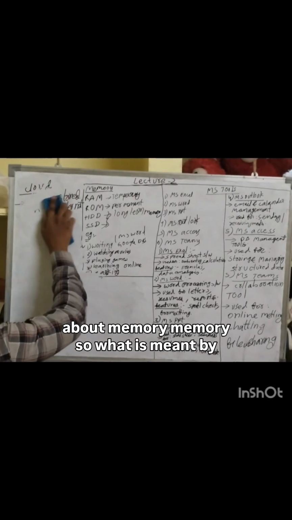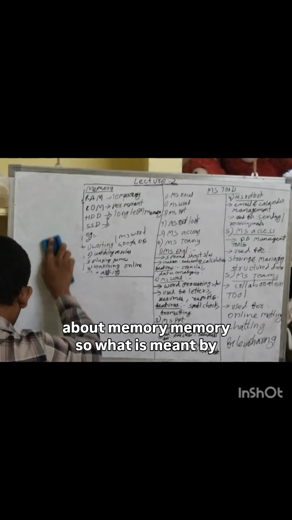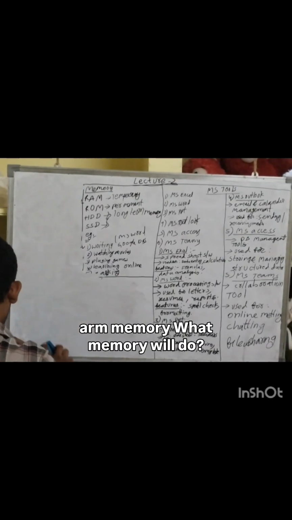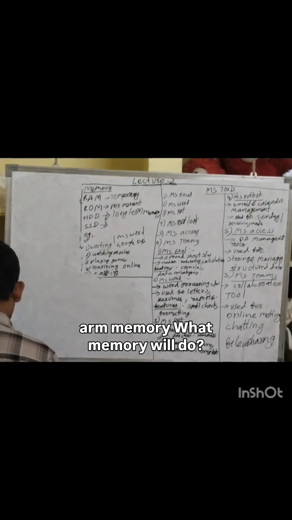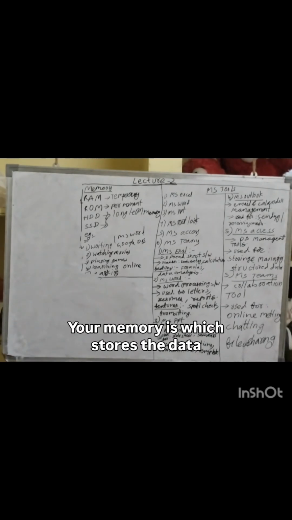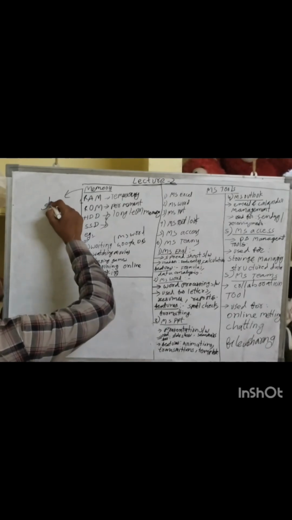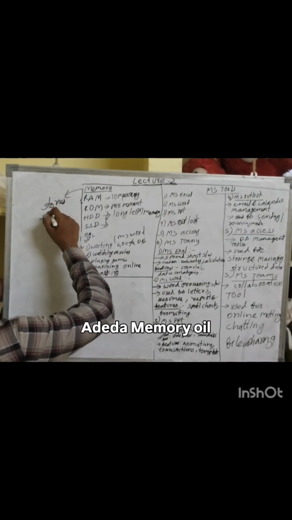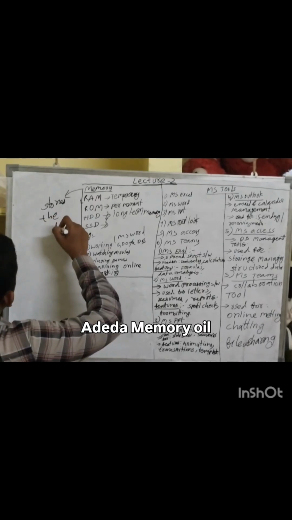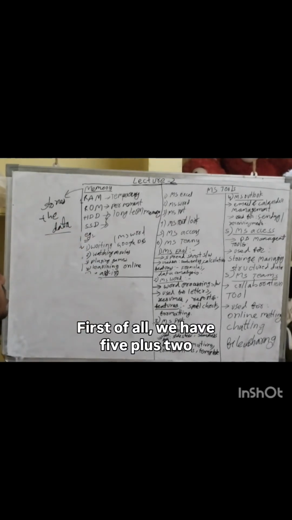The next one is about memory. What is meant by memory? What does a memory do? Memory is what stores the data. We can say storage also is a memory.